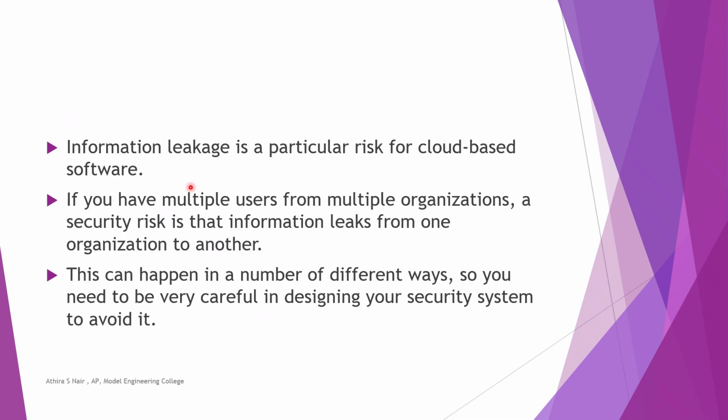Information leakage is another particular risk for cloud-based software. If you have multiple users from multiple organizations, a security risk is that information leaks from one organization to another. This can happen in a number of different ways. So you need to be very careful in designing your security system to avoid it.